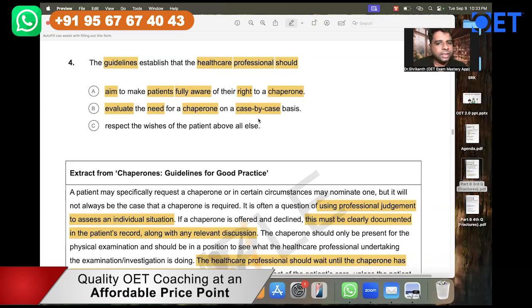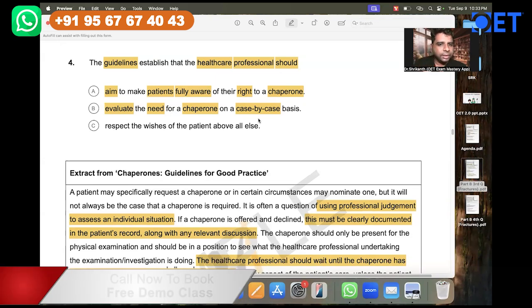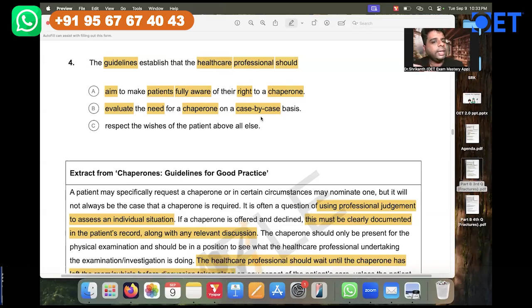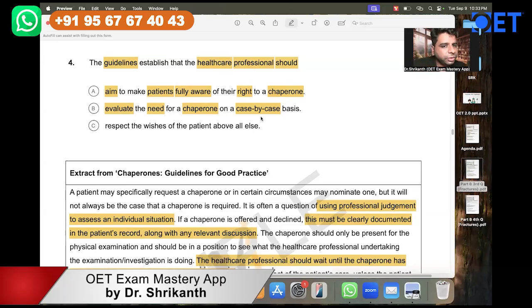One patient is one case, the second patient is another case. So the medical staff must go to every single individual patient and assess whether this individual patient needs a chaperone or not. That is what answer option B is telling.